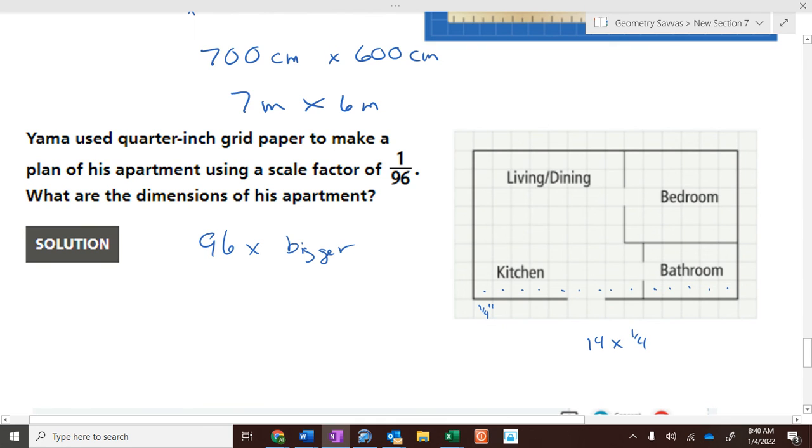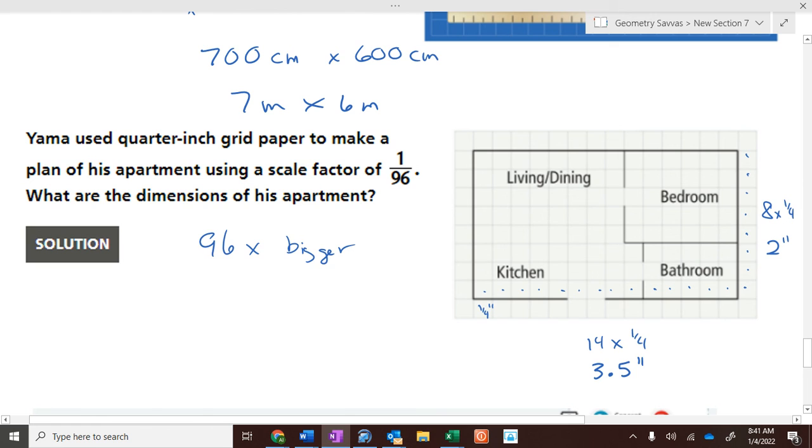What's 14 times 1/4? As a decimal. What do we get? 3.5 inches. And this is 1, 2, 3, 4, 5, 6, 7, 8. So 8 times 1/4 is 2 inches, correct?